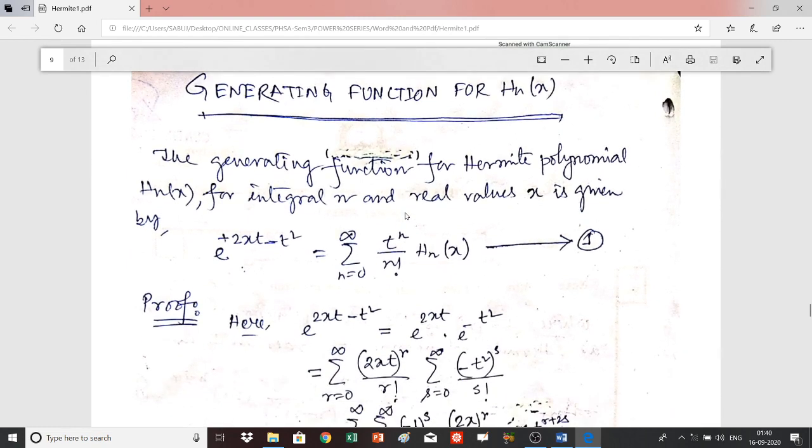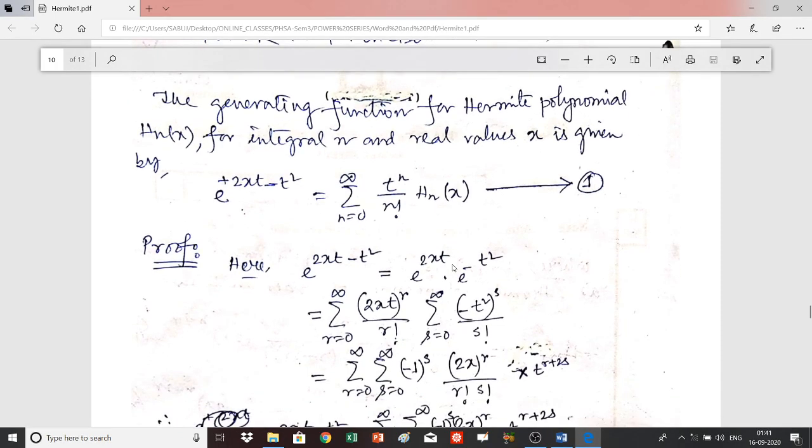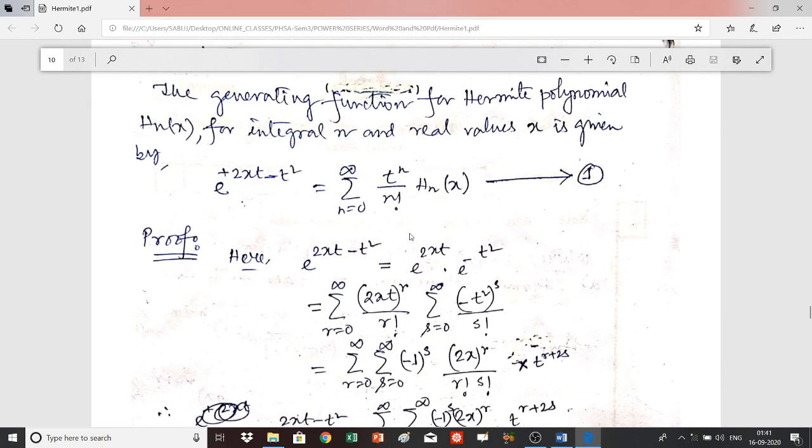As in the case of Legendre polynomials, the Hermite polynomials can be generated from some functions which are called generating functions. In the case of Hermite polynomials, the generating function is given by e to the power 2xt minus t square, which is equal to the sum from n equals 0 to infinity of t^n/n! Hn(x), given as equation 1, in the same fashion as was taken in the case of Legendre polynomials, but the generating function is different from that.